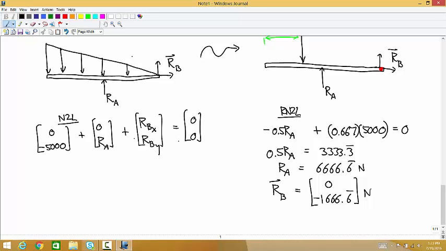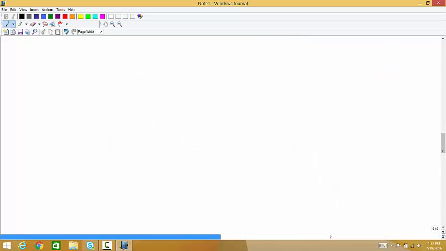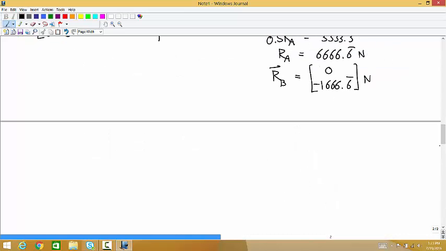Okay, so now we're going to do this with internal loads. It's the same idea with internal loads. Things change a little bit when your cut happens inside the distributed load.